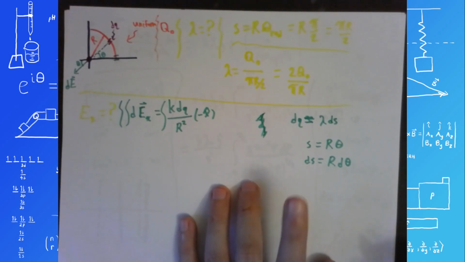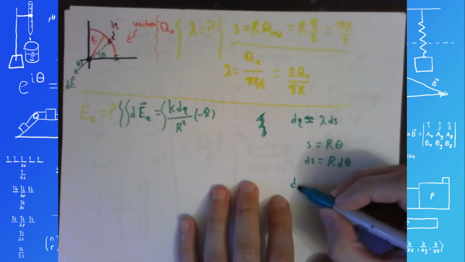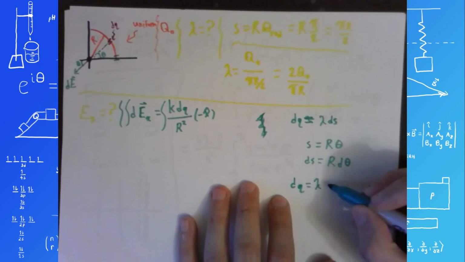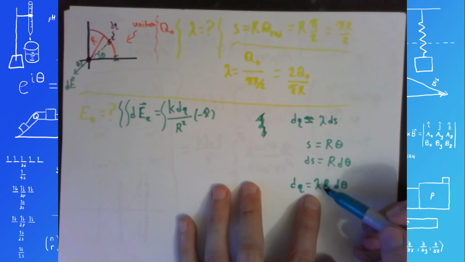Okay, so with that, dq is equal to lambda times ds, which is now R times d theta. And we already solved for lambda earlier.